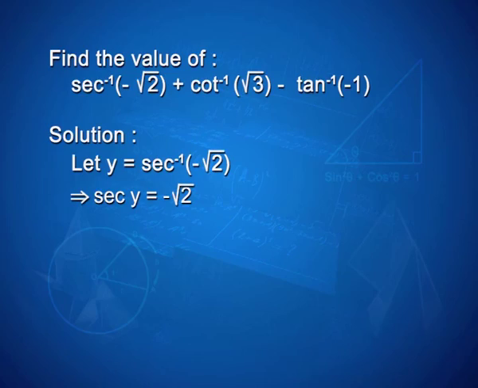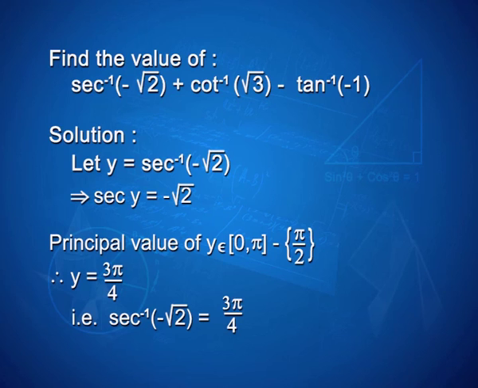Beginning with sec inverse minus root 2. If I take y to be sec inverse of minus root 2, then by definition sec of y is minus root 2. Therefore, keeping the principal value branch in mind, y belongs to 0 to pi, leaving out pi by 2. So, which value of y would give me minus root 2?